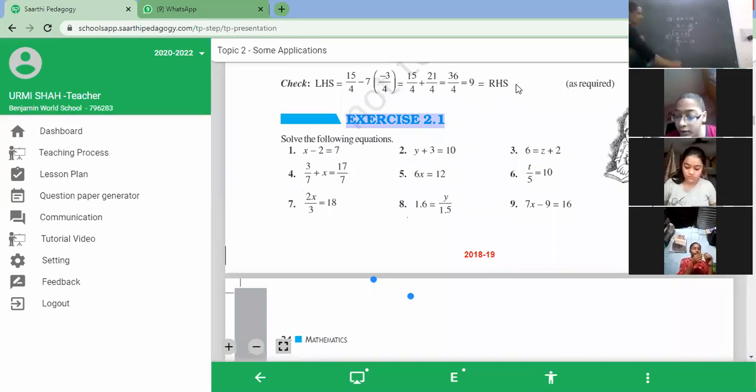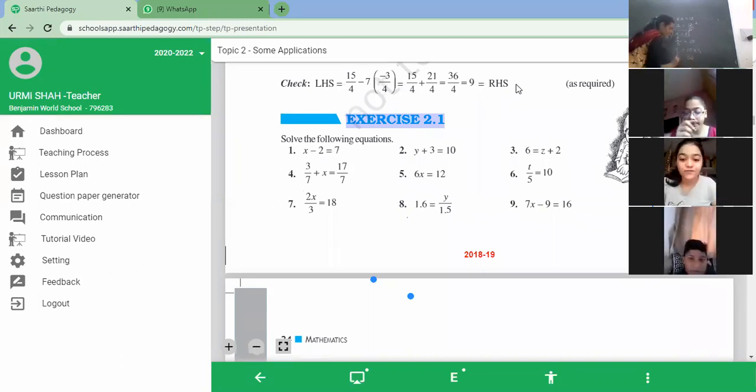So if we go into multiplication with 5, we will get t is equal to 50. The answer is t is equal to 50.